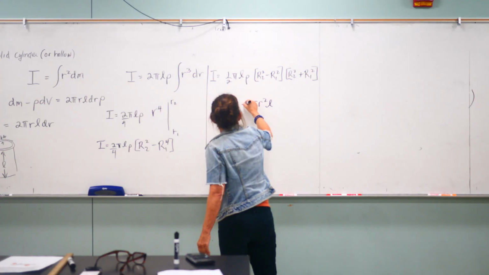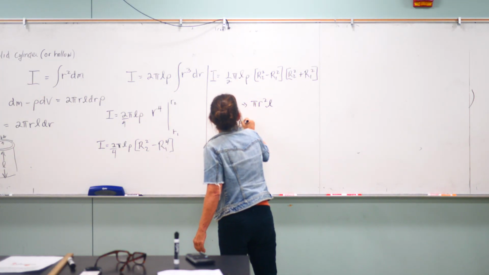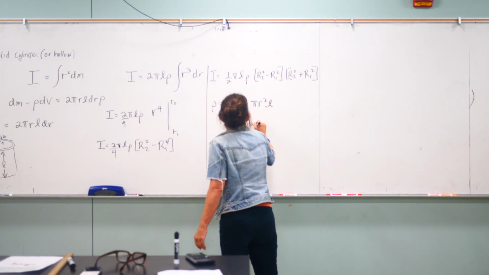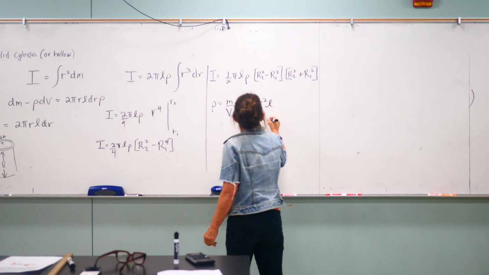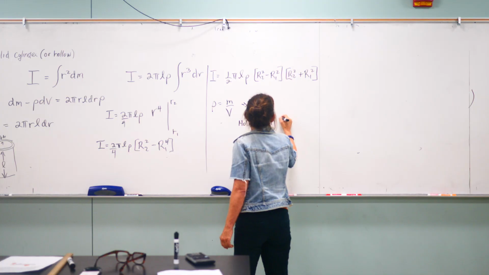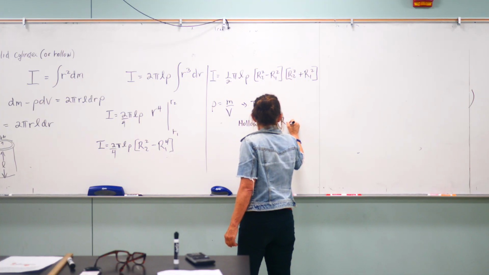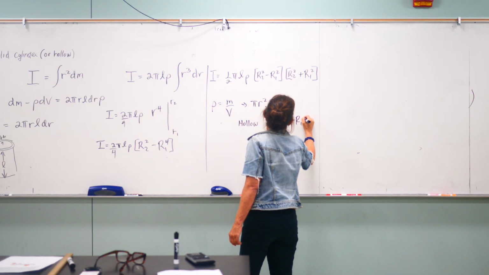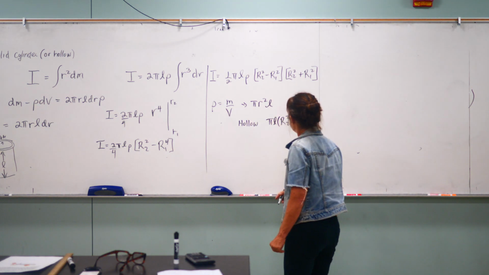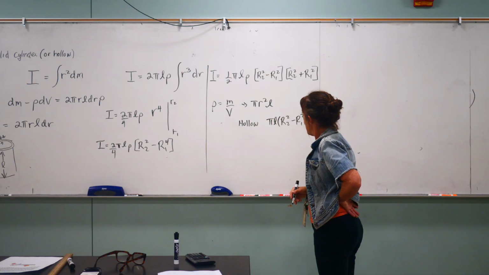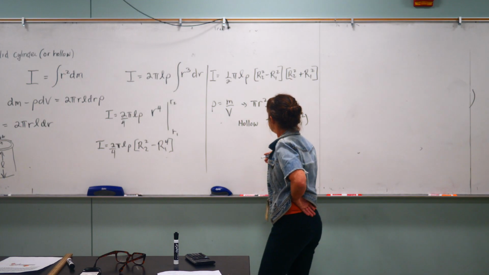So this is a solid, but if it's hollow, which we want to allow for in our integral, it's pi L times r2 squared minus r1 squared. Okay, that's volume.